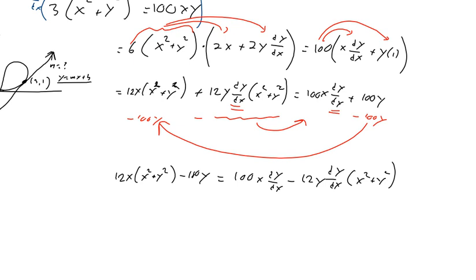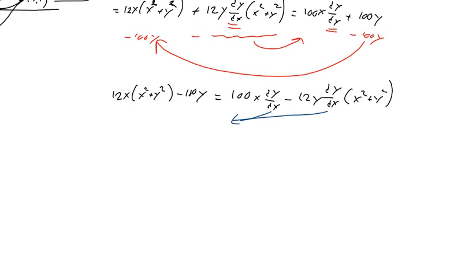Now I factor out the dy/dx. I'm going to get 12x times x squared plus y squared minus 100y equals dy/dx times 100x minus 12y times x squared plus y squared.